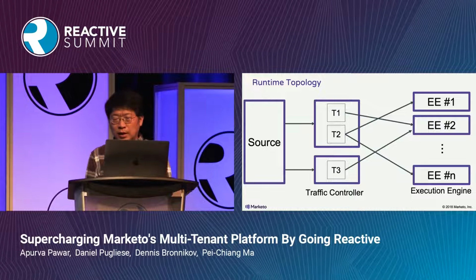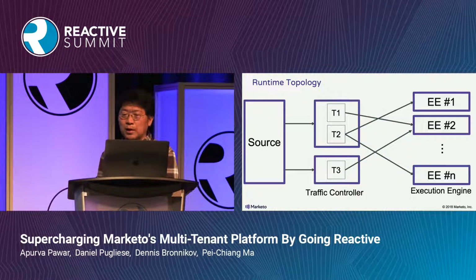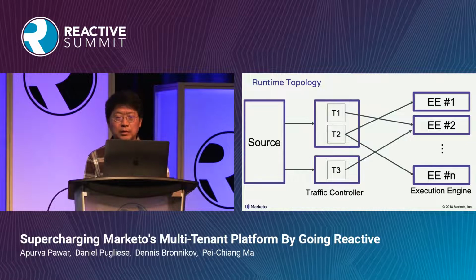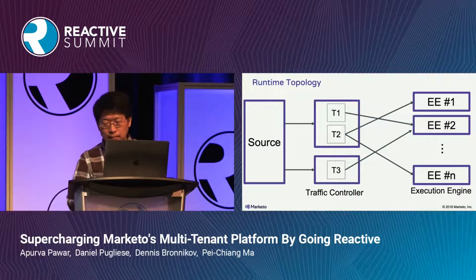When it comes to task execution, the real execution takes place in the execution engine boxes to the right. So a tenant can choose to use one or more execution engine resources. And when the tenant releases its execution engine resource, the tenant's processing is paused.